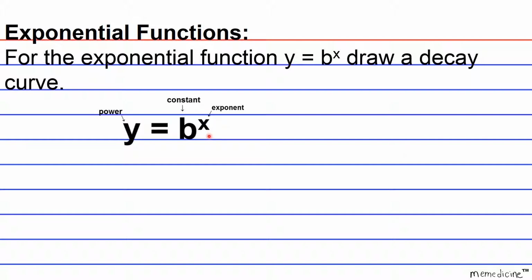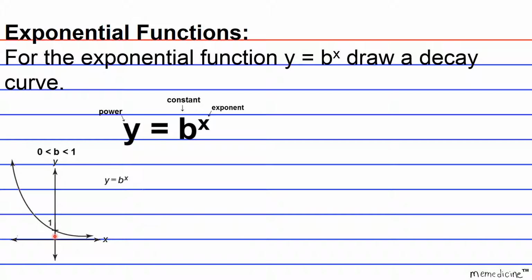All right, so for the exponential function y equals b to the x, the shape of the graph depends on the value of the base b. So wherever b falls between 0 and 1, that means it's a fractional number that's less than 1 but greater than 0, the shape of the curve is going to look like this.